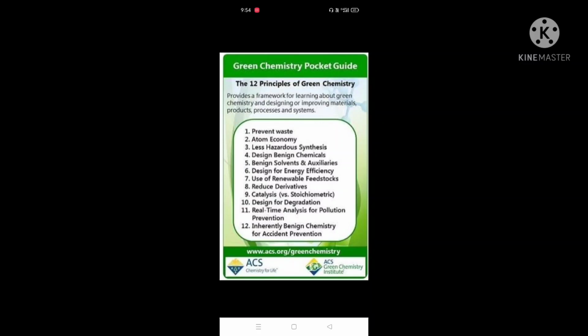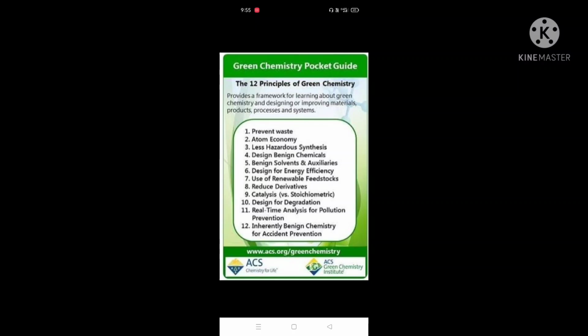So here we will discuss one by one. The first one is prevent wastage. In chemistry, in every reaction we take reactants plus catalyst, or we add some temperature or pressure, whatever it may be, and finally we get the products.